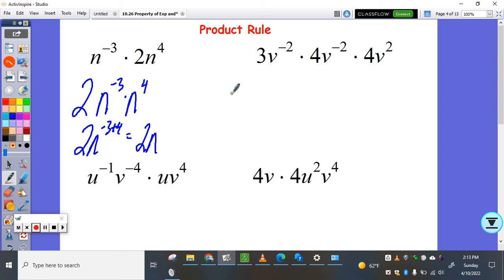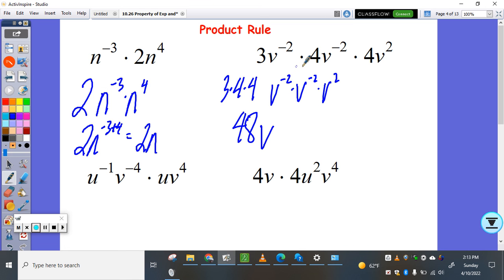Same thing here. We have grouped the numbers 3 times 4 times 4. We group the b's, b to the negative 2 times b to the negative 2 times b to the 2. Well, 3 times 4 times 4 is 48. When I add these exponents together, negative 2 plus negative 2 is negative 4. Negative 4 plus 2 is negative 2.